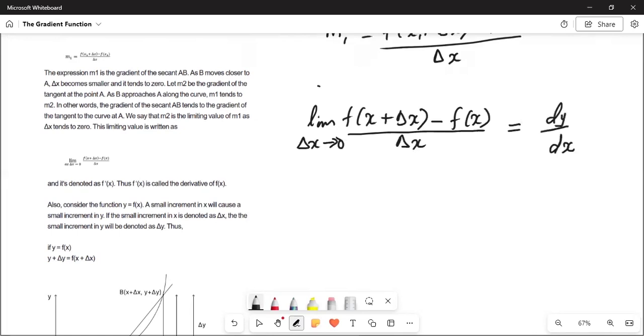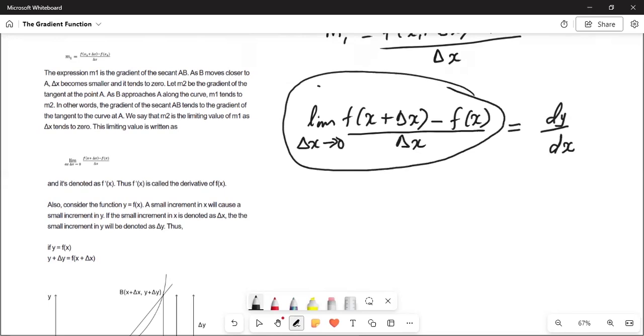That is the derivative of y with respect to x. Now, the concept of taking the derivative of a function using this approach, that is taking the limiting value of the secant line in relation to the gradient of the tangent at point A, is called differentiation from first principle.